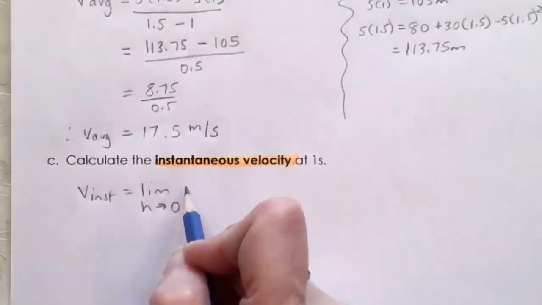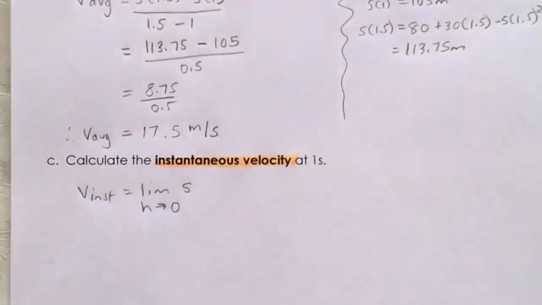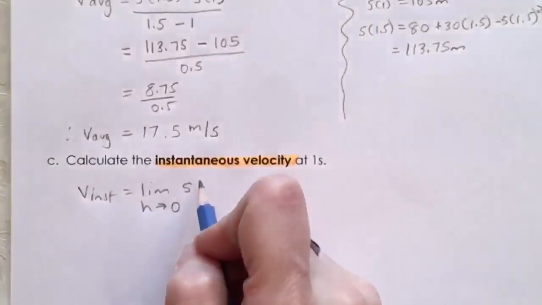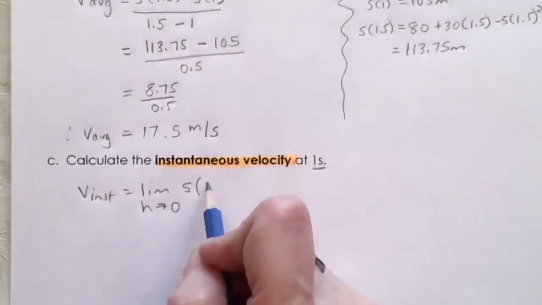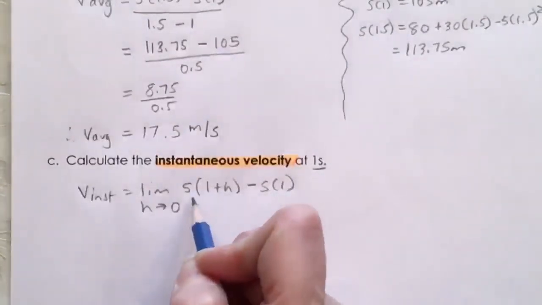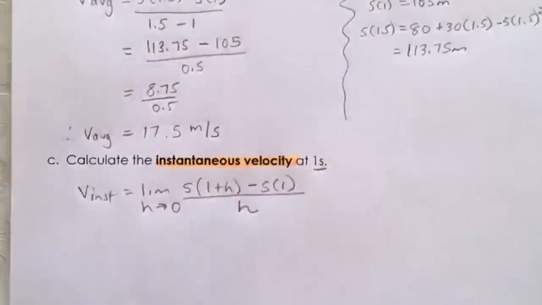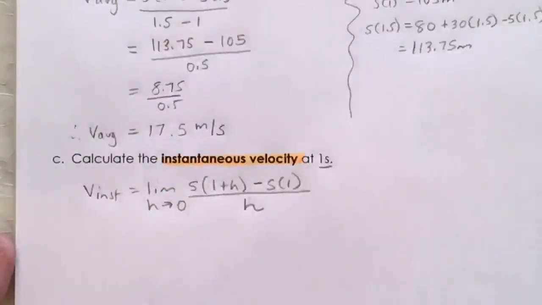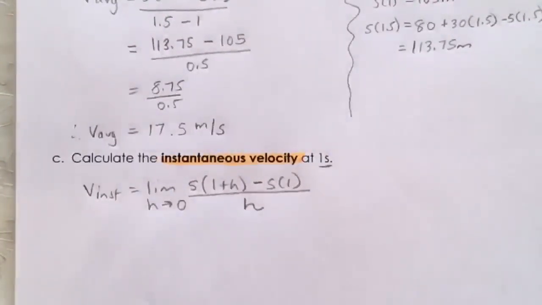Now instead of an f here, we're going to use an s because there was an s in the question. So it's going to be s at 1 second, so the limit of s at 1 plus h minus s at 1 over h. Okay, so that's instantaneous velocity; it involves calculus as opposed to average velocity, which is just slope.